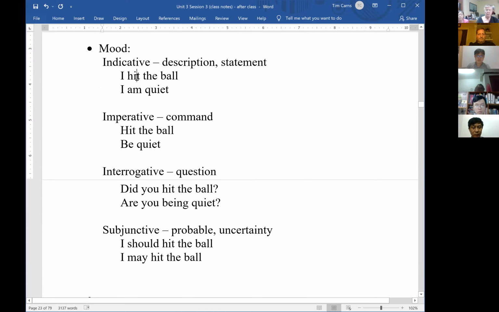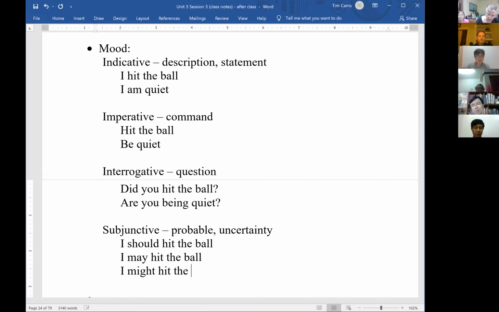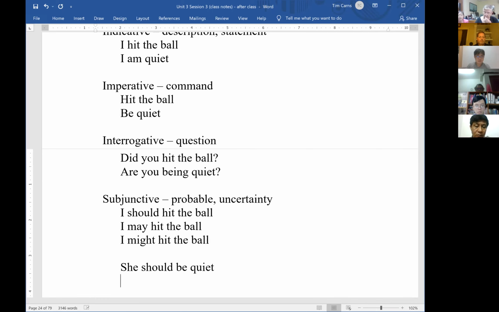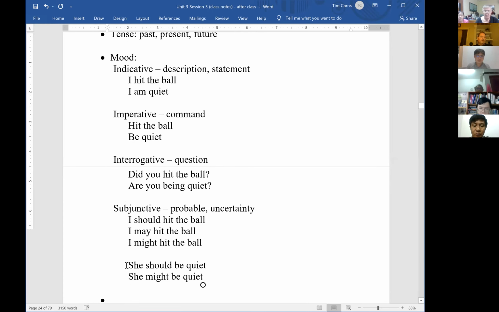It's a declaration. It's a statement. In the subjunctive, there's some degree of uncertainty. This is something that should be done. This is something that might be done. You'll see that word might also. I might hit the ball. She should be quiet. She might be quiet. We don't know. So the subjunctive is this mood of uncertainty.